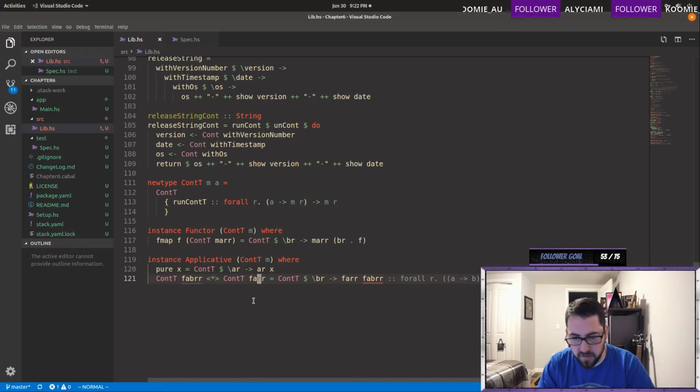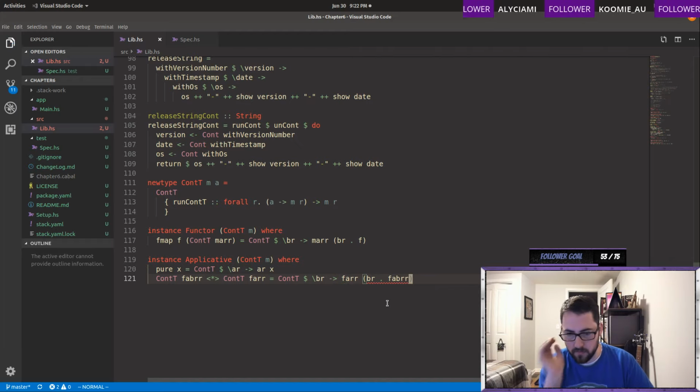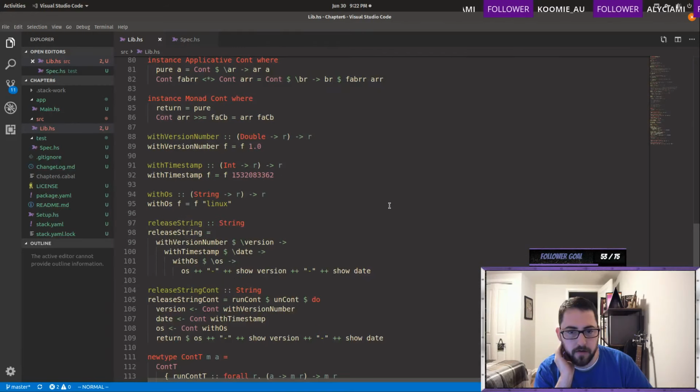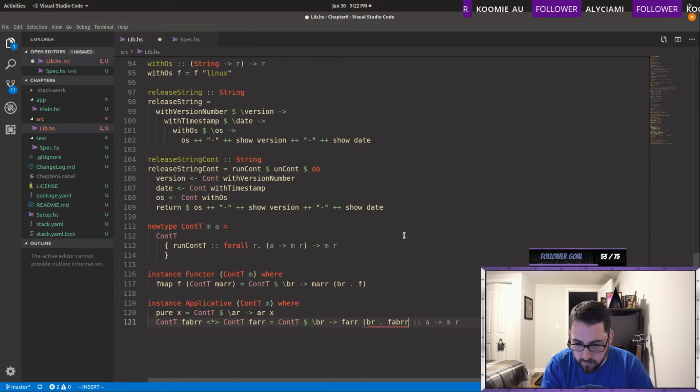Oh, I need to use BR somehow. I'm guessing this is going to be the same issue as before, where you need to stick BR in here. No. How did I do this before? I had it.